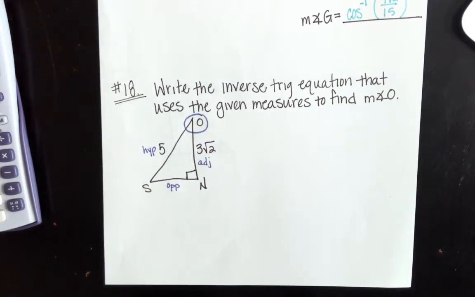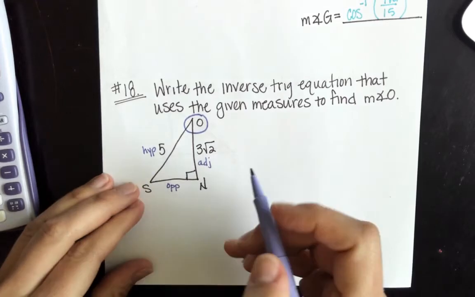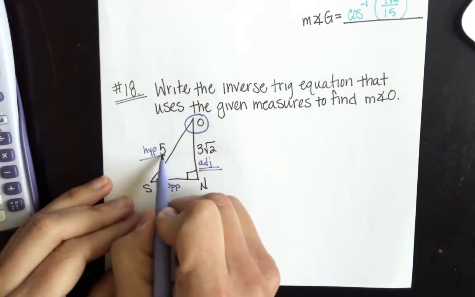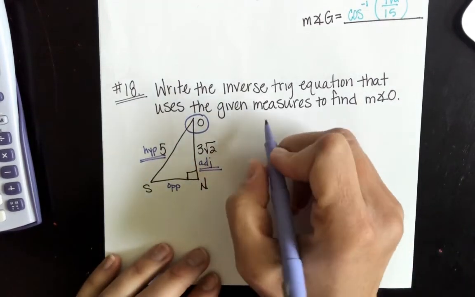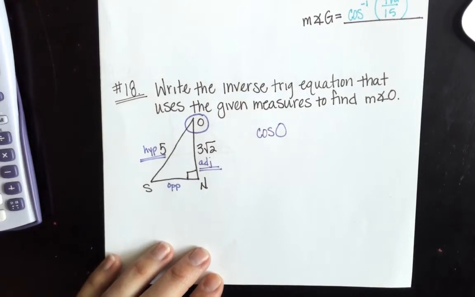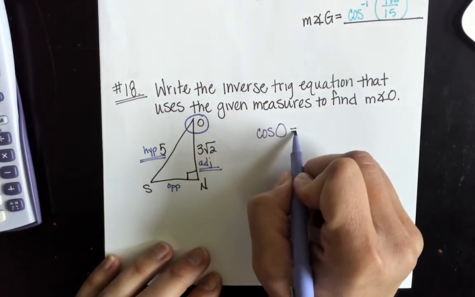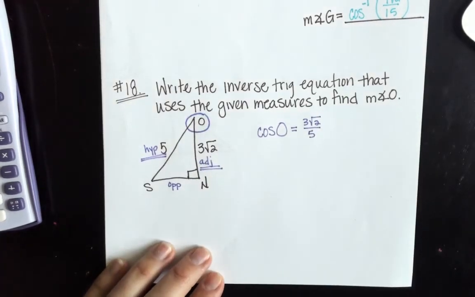We would have to choose, of course, the correct trig function. We want to make sure that we're looking at which one works with adjacent and hypotenuse, and that's cosine. So we would start by writing cosine of angle O would be 3 radical 2 over 5.